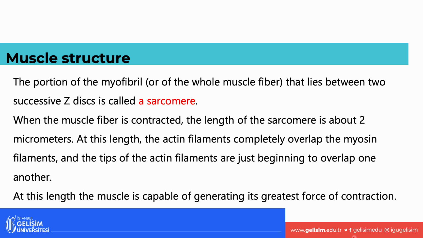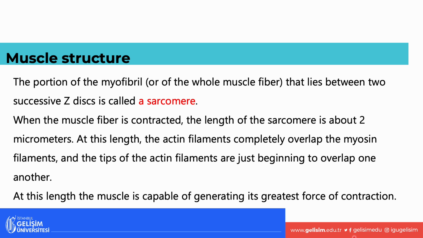The portion of the myofibril between two successive Z discs is what we call a sarcomere. When the muscle fiber is at its full length, the length of the sarcomere is about 2 micrometers. At this length, the actin filaments completely overlap the myosin filaments, and the tips of the actin filaments are just beginning to overlap one another.